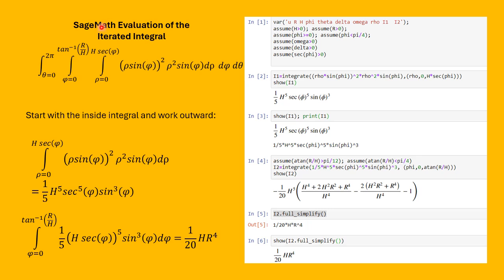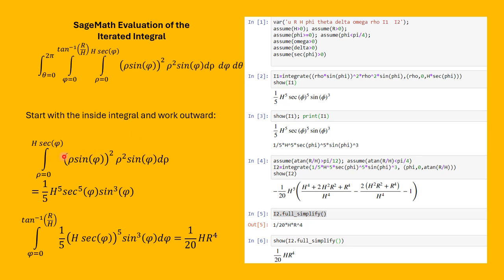So let's evaluate the triple integral, which was involved in the calculation of the kinetic energy of this rotating cone. We will use Sage Math to evaluate it. We start with the inside integral: the integral where rho goes from 0 to h secant phi of rho sine phi quantity squared times rho squared sine phi d rho.